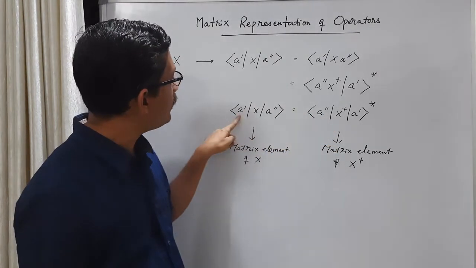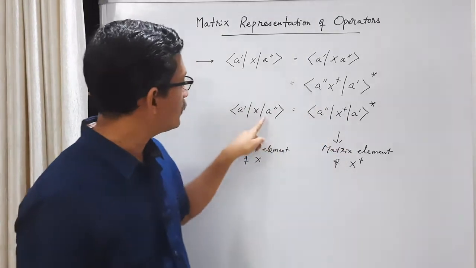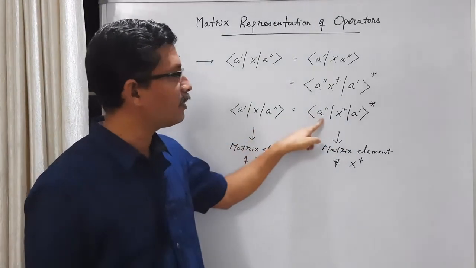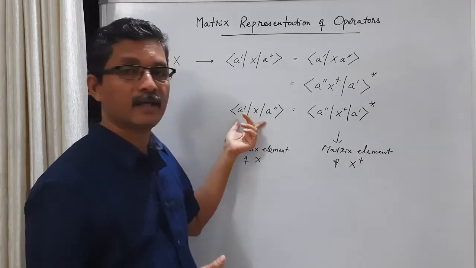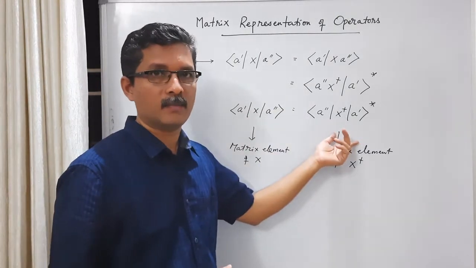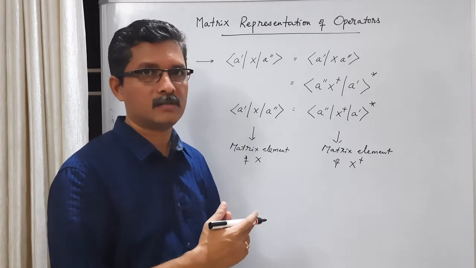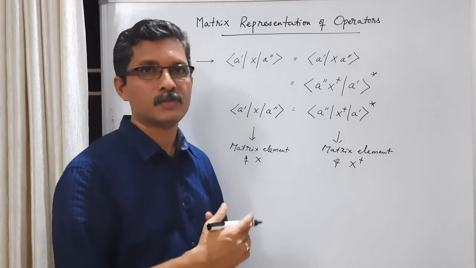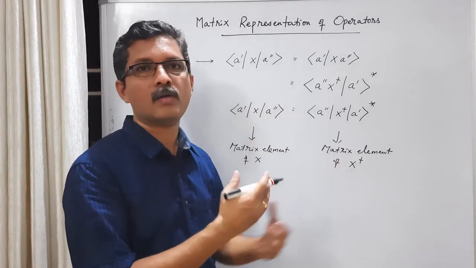See, the row index here is a prime, it becomes the column index here. The column index here is a double prime, it becomes the row index here. That means if this is the ijth element, this is the jith element. So what does it mean? The rows and columns are interchanged. That means there is a transposition. From this matrix to this matrix, rows and columns are interchanged.